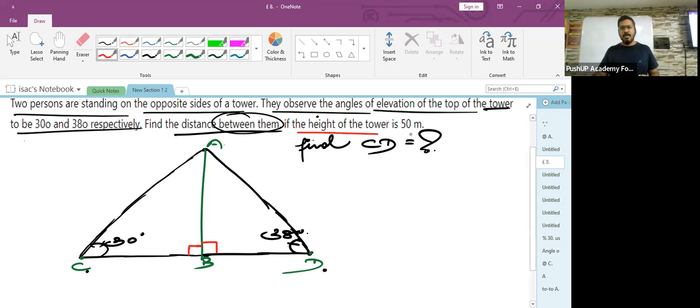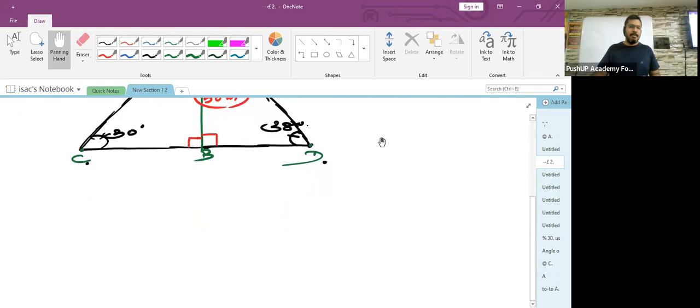Now, children, they have given you the height of the tower. How much it is? 50 meters. So I can label here AB is equal to 50. All right. So children, it's a combination of two right angle triangles. So let us start with the first triangle ABC.